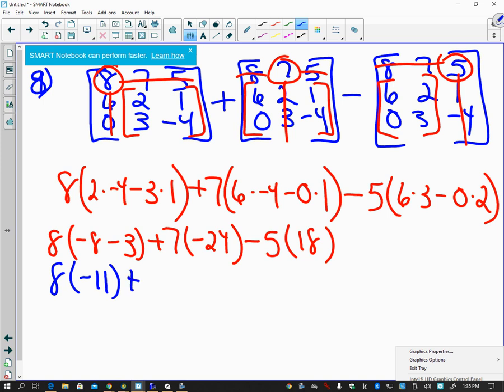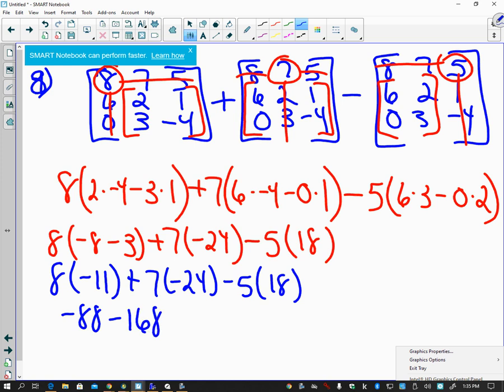Plus 7 times negative 24, minus 5 times 18. I know this is negative 88. I don't know what 7 times negative 24 is, but I do know it's negative, so if you guys can help me out there. 7 times negative 24, negative 168, and negative 5 times 18, negative 90.